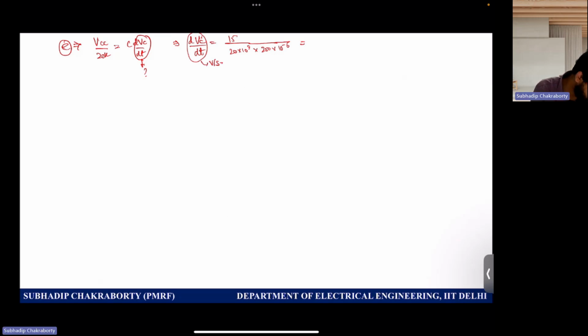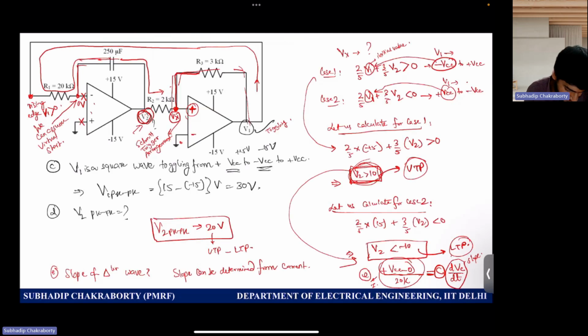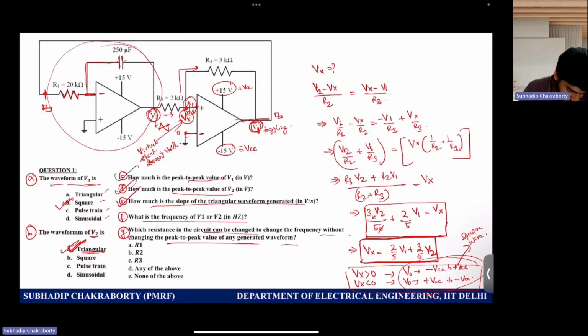If we calculate, I'm getting 3 volt per second. So we have done these parts.